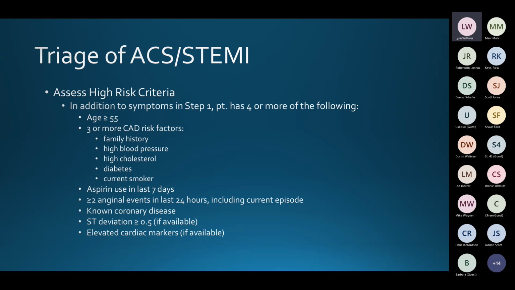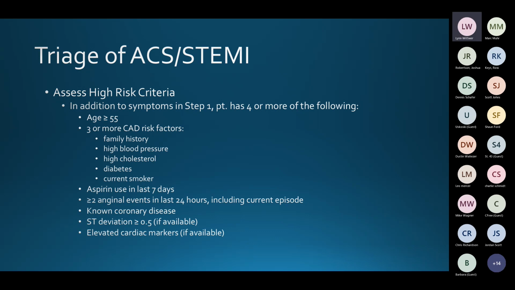Known coronary disease, a lot of people know they have coronary disease. They've had a history of it. Now, what about if they've had a previous MI and they have a stent, or previous STEMI and they have stenting and stuff? Well, I would consider that known coronary disease as well.